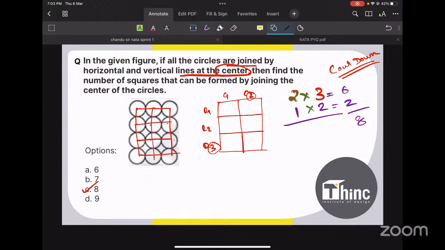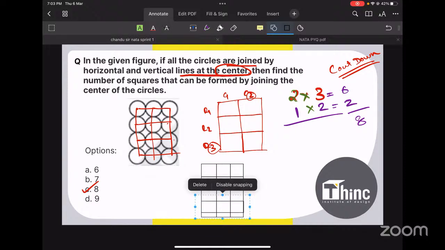See where it is useful, when a question comes like squares. Assume I'm drawing squares. I have just roughly drawn it.